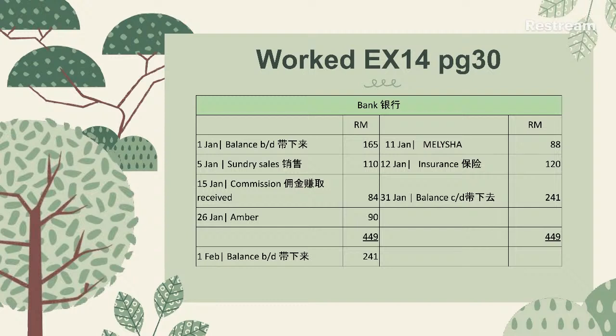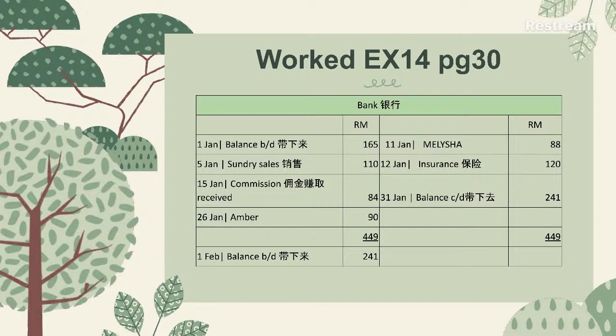On 1st of January, there is some balance brought down. That means the bank actually has a balance on the debit side. So it means that it's a positive amount, $165. All right. And then it looks like I have some sales of 110 on 5th of January. And I also received some income, that means someone paid this business, 84.